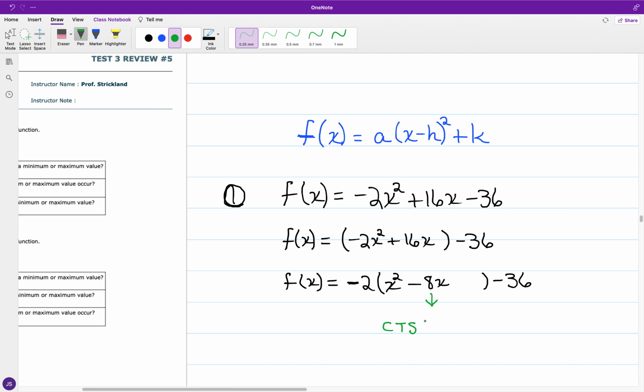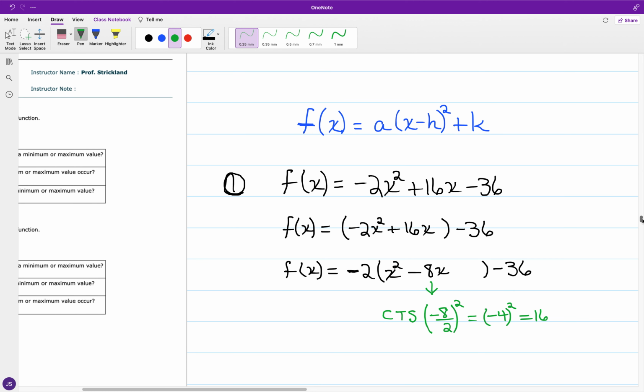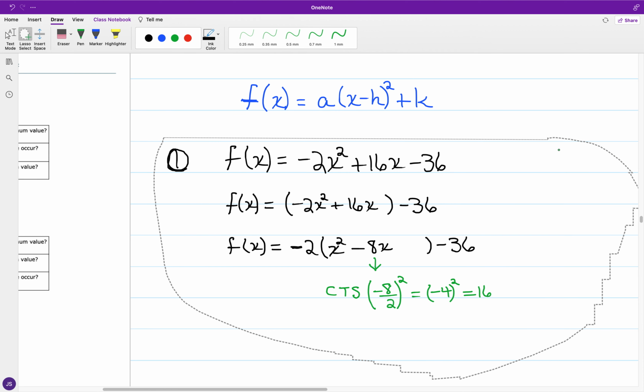In this case, it is negative 8, and I'm going to take half of that number and then square it. Half of negative 8 is negative 4, and the square of negative 4 is 16. So I'm going to add 16 inside the parentheses.